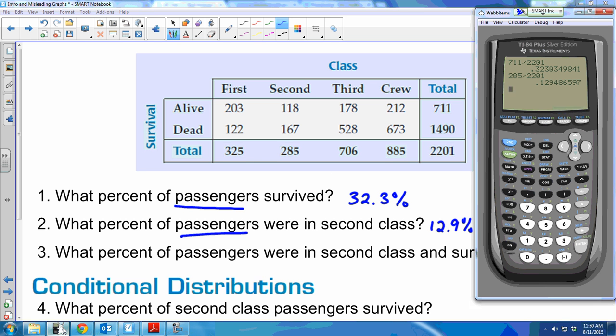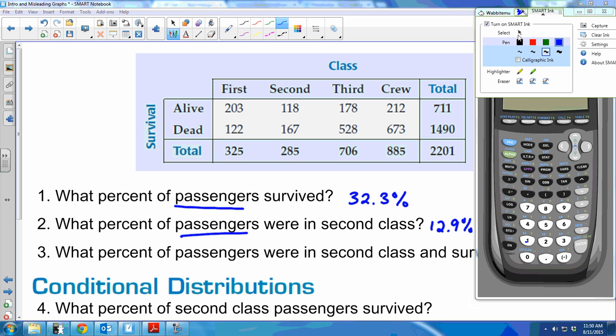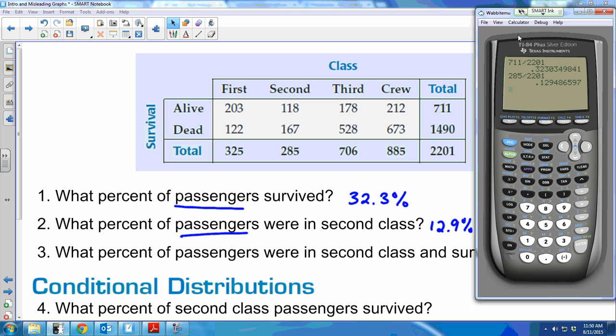Second class and survived is what, 118? Still out of total passengers, because it's still asking out of passengers. So that's 5.4%. Questions about those? Right, you're asking out of total passengers.